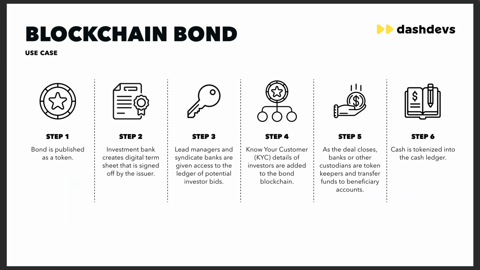Another way of using blockchains is blockchain bonds. So a digital asset is a liquid digital representation of a traditional asset. So you can tokenize or digitalize almost everything. And by doing that, you're creating a unique item and you're recording your ownership of this item.